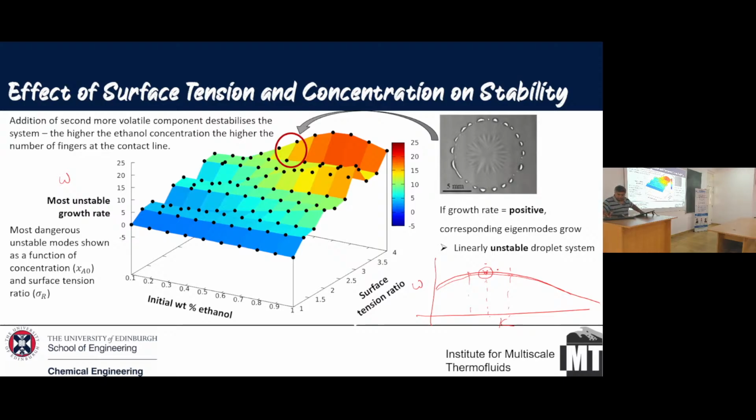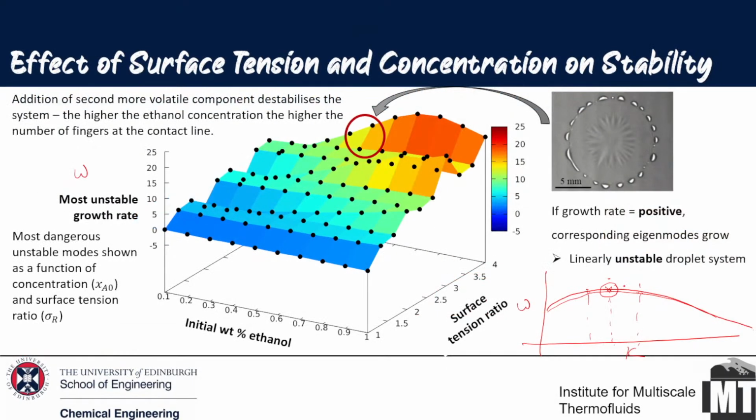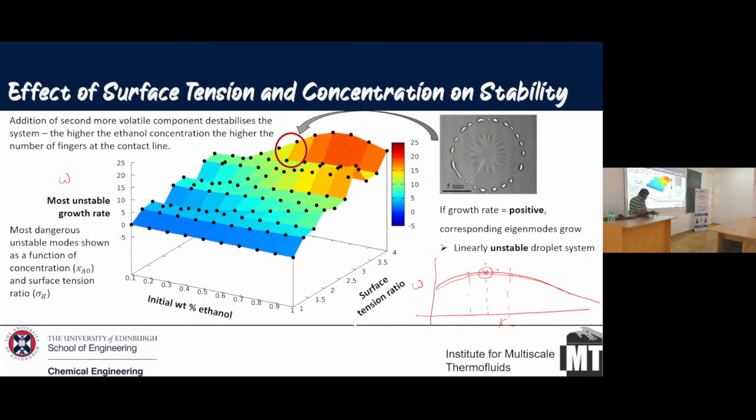So we have to think about another strategy. Another takeaway message from quasi-steady stability analysis is, if you have a more volatile system, you are probably not right in doing a quasi-steady stability analysis. You need to think about something else.